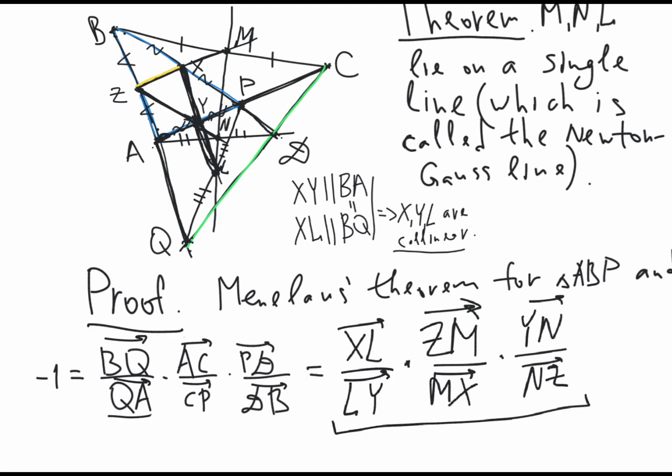This small triangle and these 3 points, right? The 3 points that we need to prove lie on the same line. The 3 midpoints M and L. It's easy to see that the product of these ratios is simply the Menelaus theorem for this triangle and these 3 points.